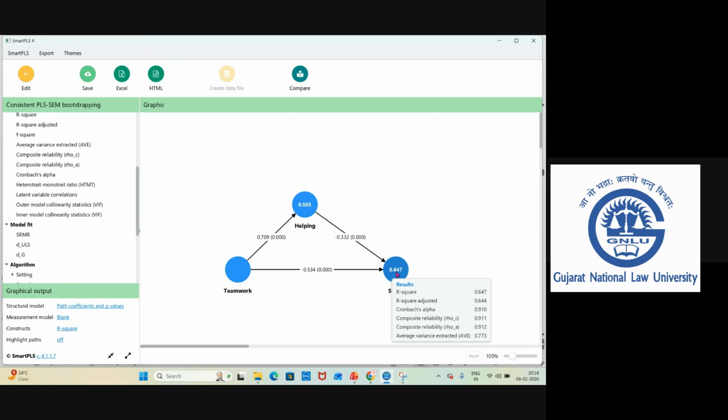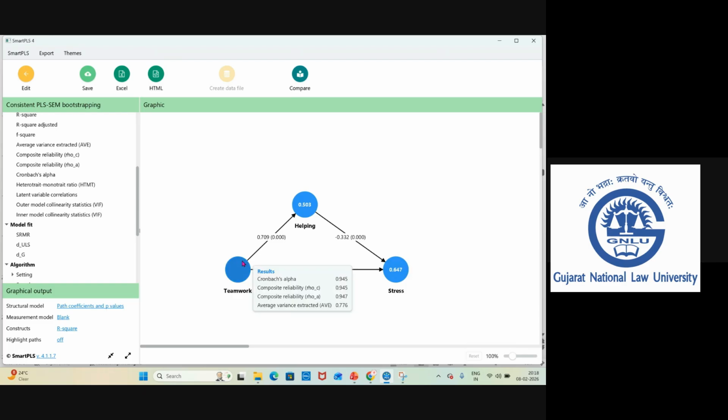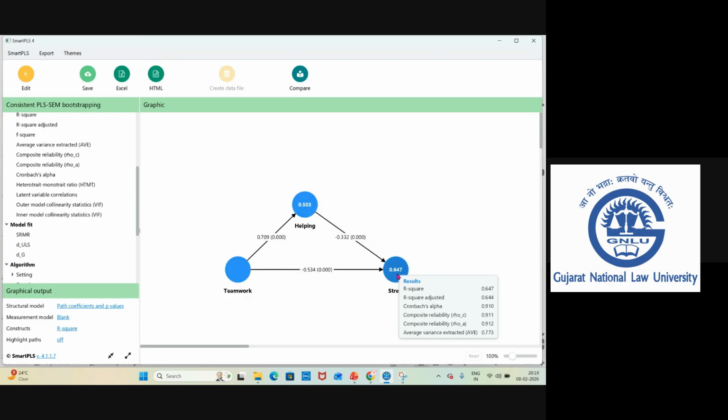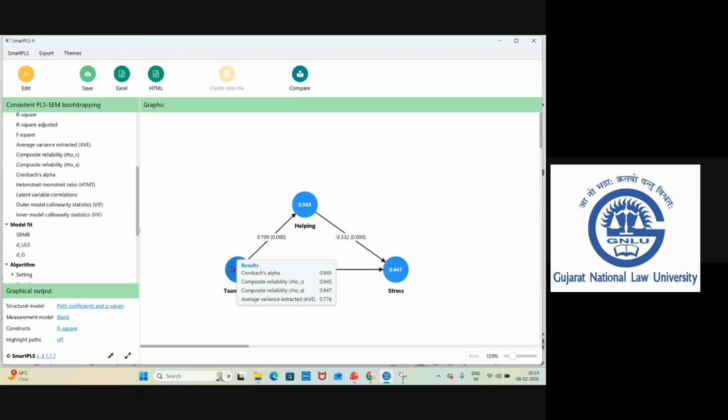If I put it in percentile, 65%, both variables together, they are able to influence it. But what is the role of this one? What is the role of this one? Teamwork, after adding the helping behavior, together they are able to contribute here.